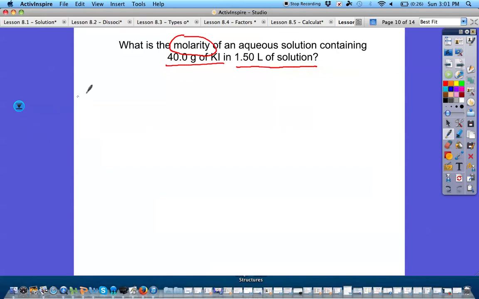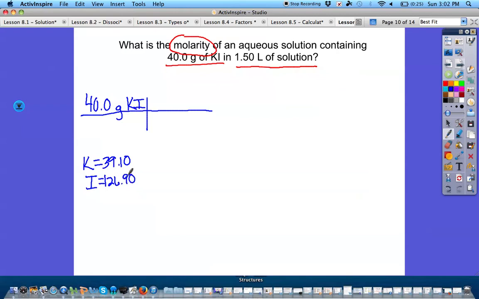Welcome back. So we have 40.0 grams of potassium iodide. We need to convert that to moles. So we first need to find the molar mass. The average mass of potassium is 39.10, and the average mass of iodine is 126.90.